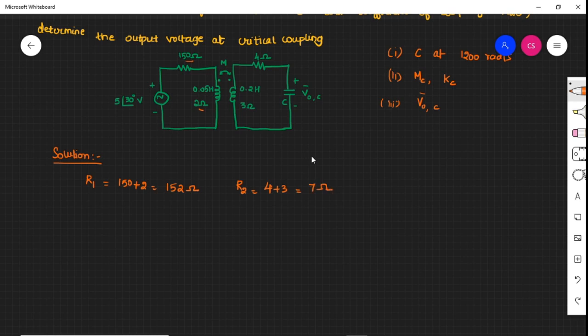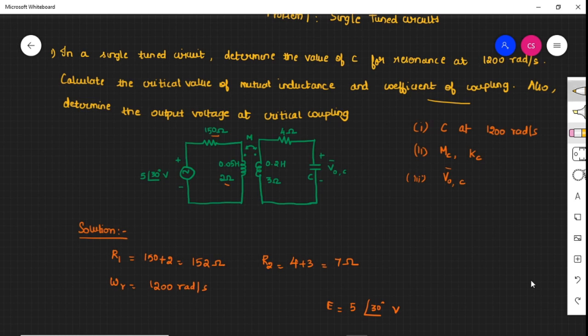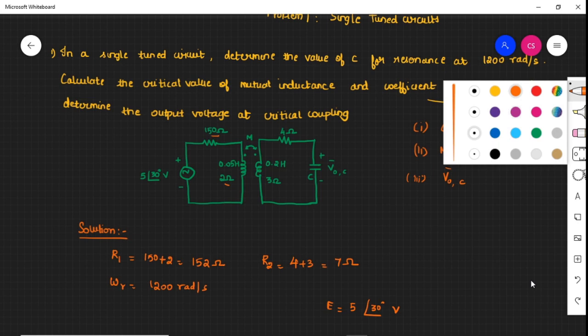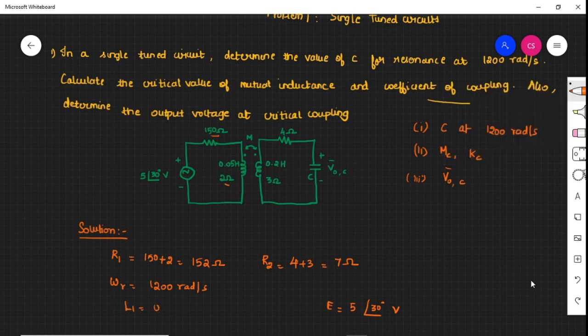Next, our frequency was given as 1200 radians per second. Then, observing the circuit, L1 is equal to 0.05 Henry and L2 is equal to 0.2 Henry.